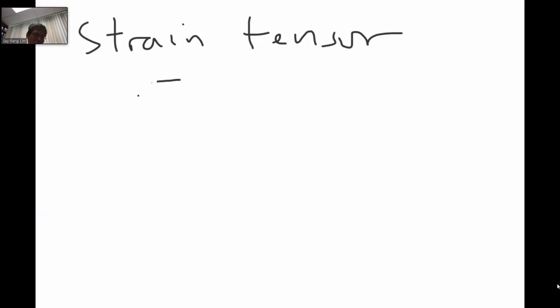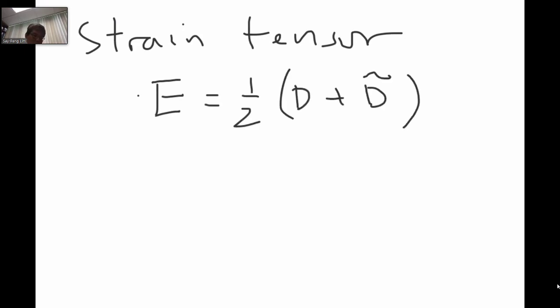I think they give it a symbol, doesn't matter. E is 1/2 (D plus D tilde). So this is the partial derivative matrix D, and you take the transpose of it, you add it to the original, divide by 2. That's how you define the strain tensor.